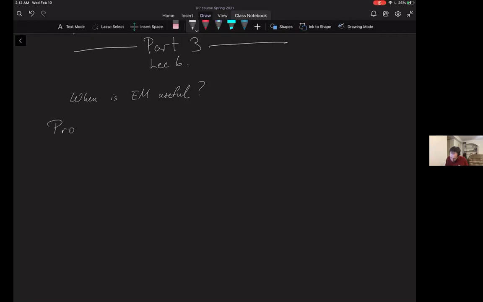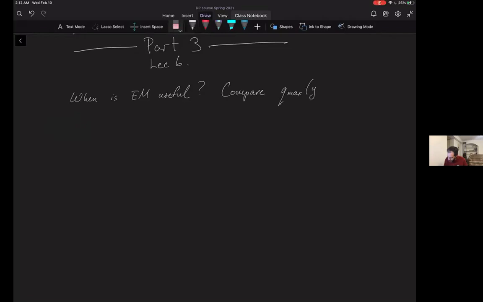So here's a useful, actually, sorry, before we get into the proposition, remember that what we want to do is compare to the maximum possible score we can have, right?